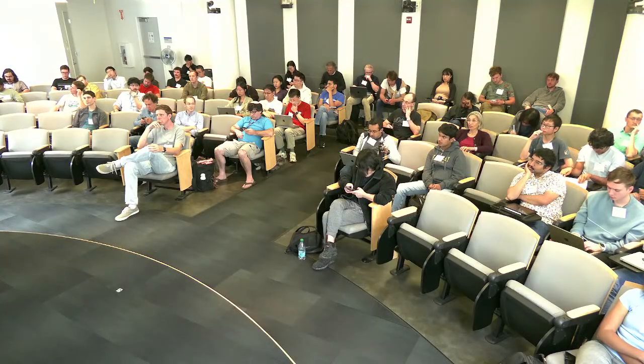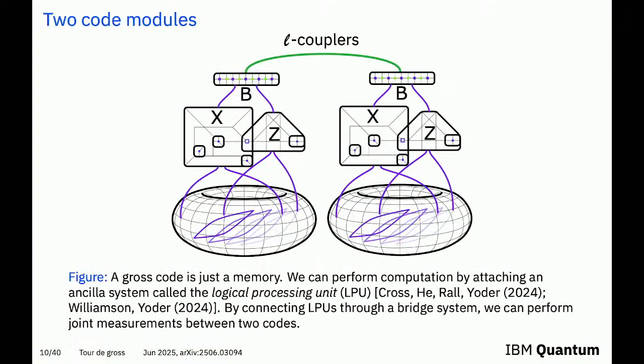All right, so what does a bicycle architecture actually look like? So we have our gross codes here in the bottom, but these gross codes are only a memory. We can only store quantum information, and if we want to do a computation, we attach this ancilla system to the gross code, which we call a logical processing unit.